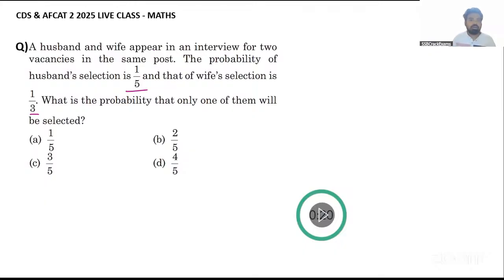The question is asking only, let me give you a hint, only one of them will be selected. It means that if the husband is selected, then the wife will not be selected. Not means complement. If the wife is selected, the husband will not be selected. So it means that plus will come in between. It is not husband and wife, it is husband or wife.